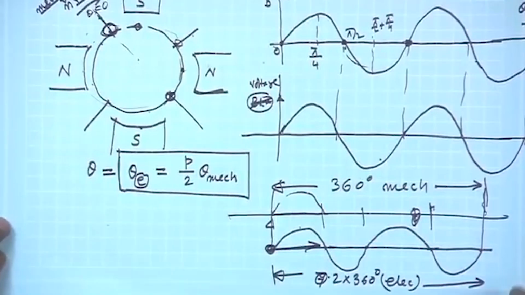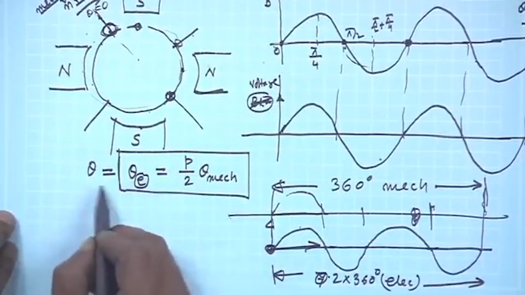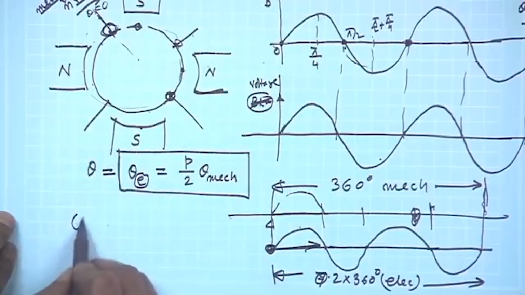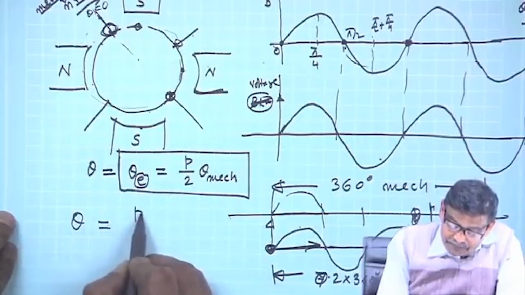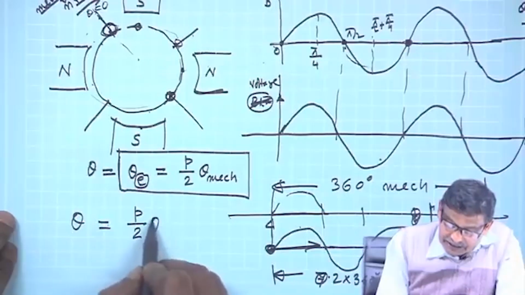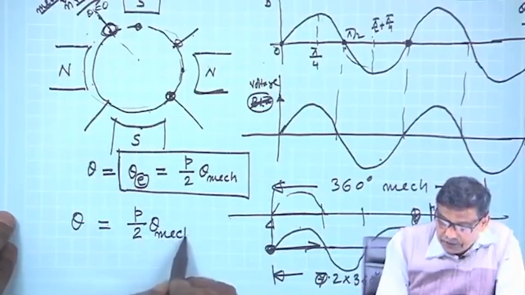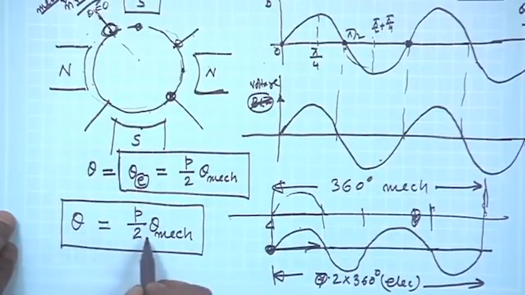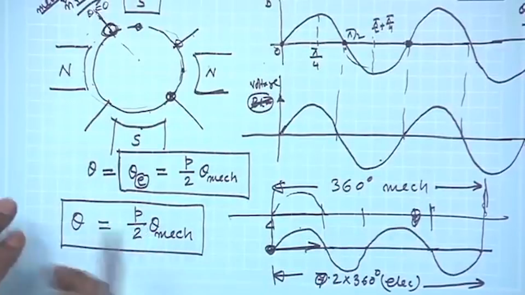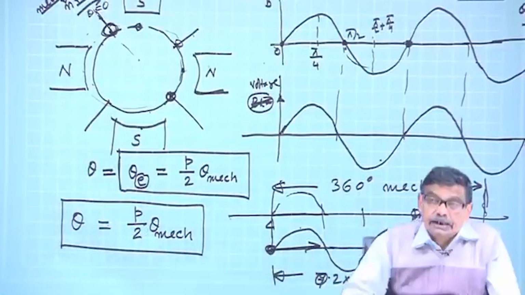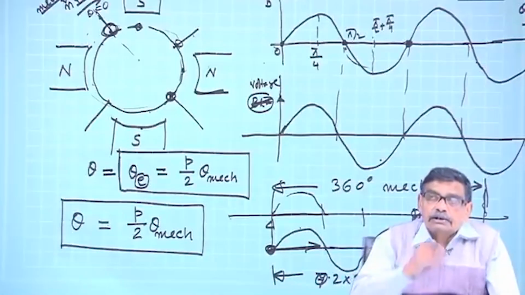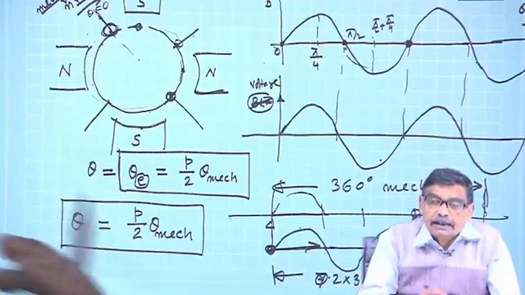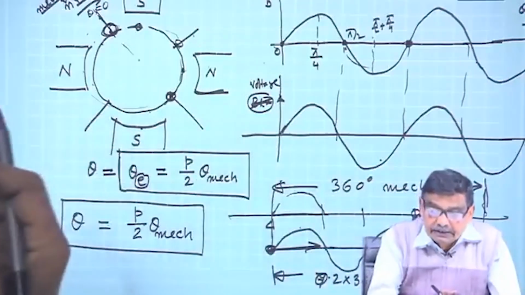Understood? So, this is very important. Electrical angle is equal to p by 2 theta mechanical, and one should not forget, if it is a 6 pole machine, it will be 3 times the mechanical. 3 cycles of EMF will be generated when the conductor moves a mechanical angle of 360 degree round.